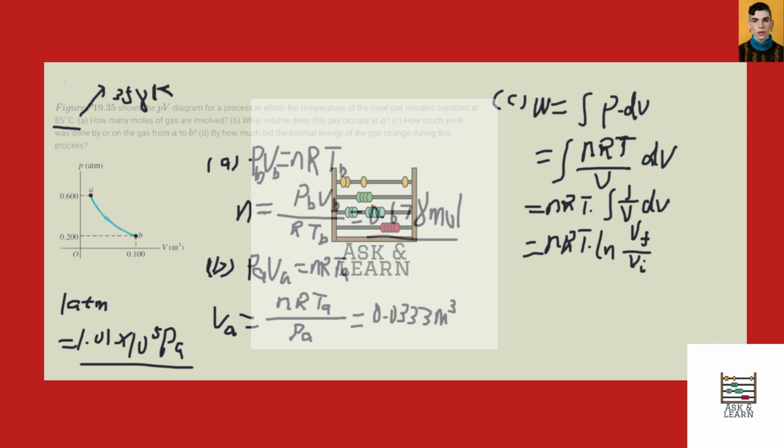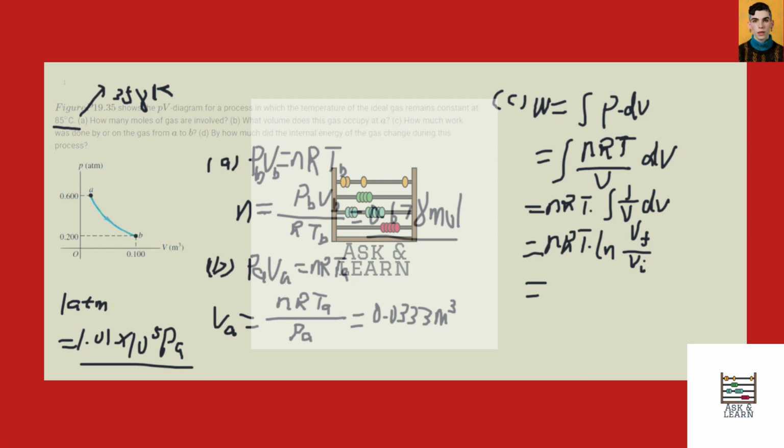So we already know the number of moles, the temperature, and the R constant, and we know the initial volume and the final volume.